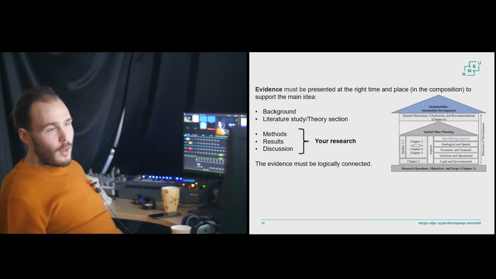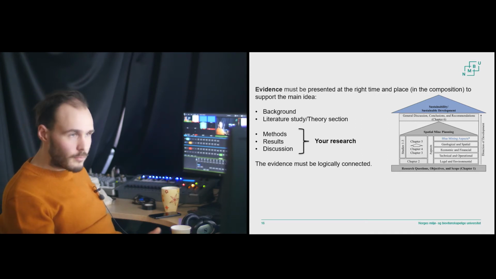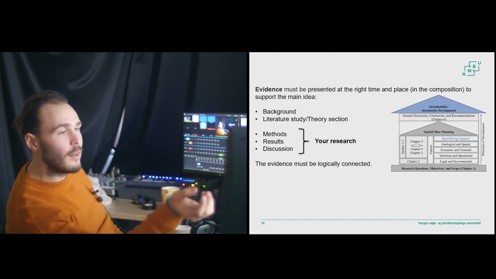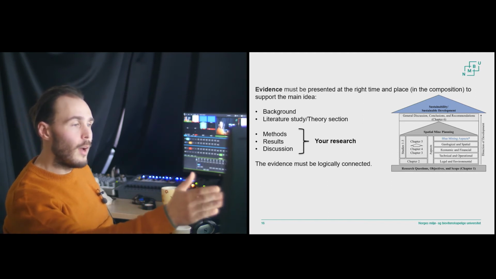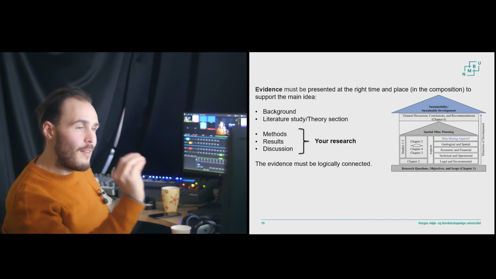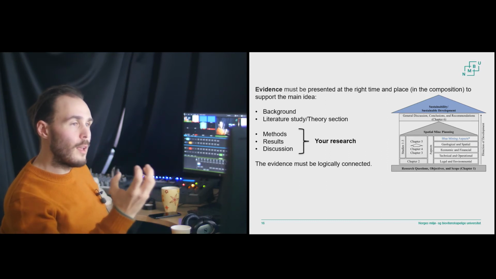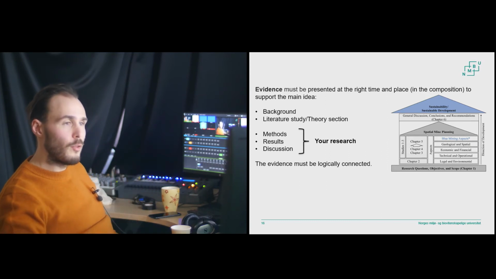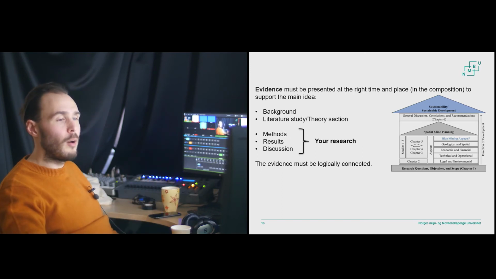And here we're back to, I like this illustration because it looks like a house, but it also gives some insight into what this person thinks and how they try to connect all these different topics and evidence to tell the story in a way that makes sense for the reader and that presents the research in the best way possible.